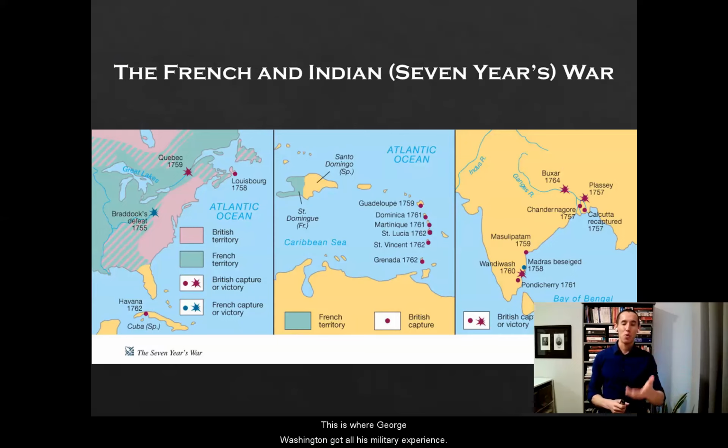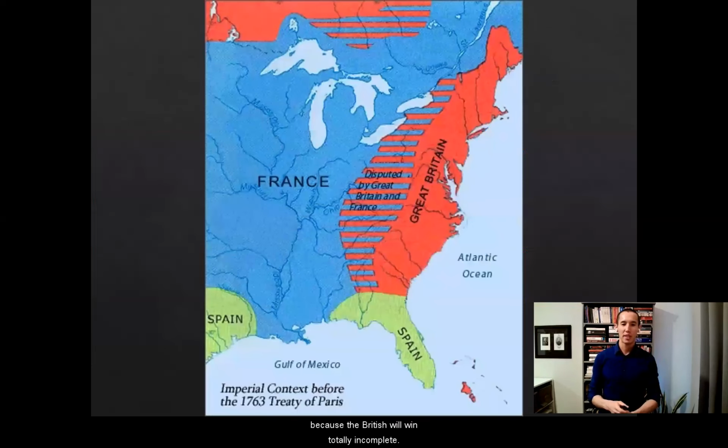This is where George Washington got all his military experience before the American Revolution. Colonists were part of the fighting. They wanted to participate. They supported the war, and they will benefit from it. Keep that in mind. And the French and Indian War is the beginning of it, because the British will win totally and completely.